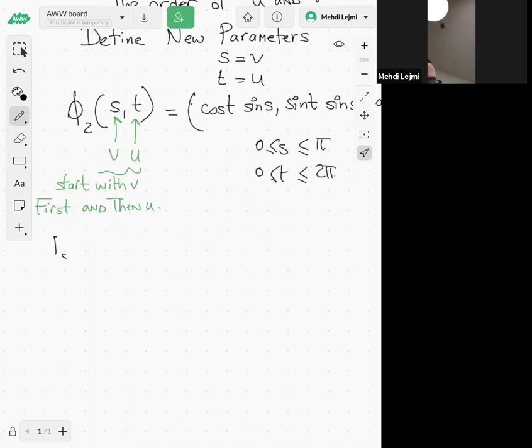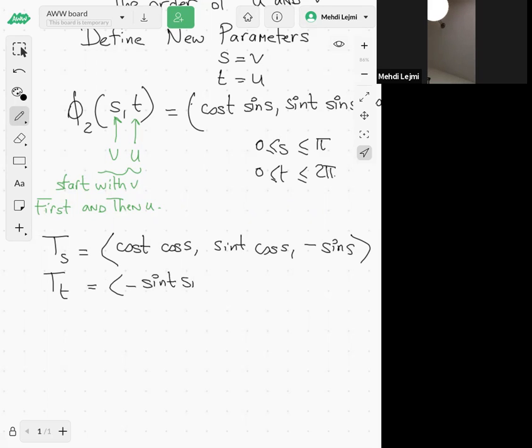let's say T_s. It's just the derivative with respect to s: cosine of t cosine of s, sine of t cosine of s, minus sine of s. And then the derivative with respect to t, T_t, will be minus sine of t sine of s, cosine of t sine of s, and then 0.